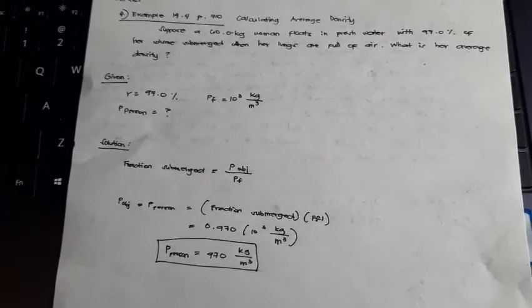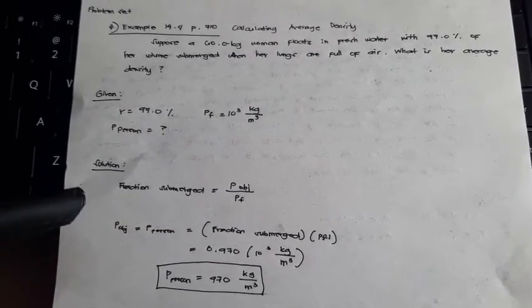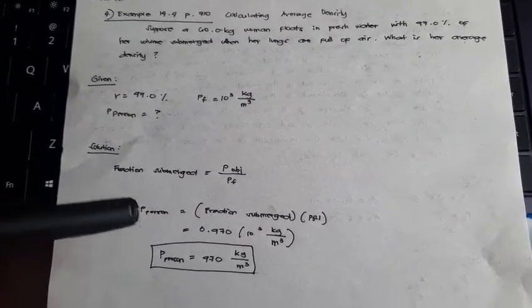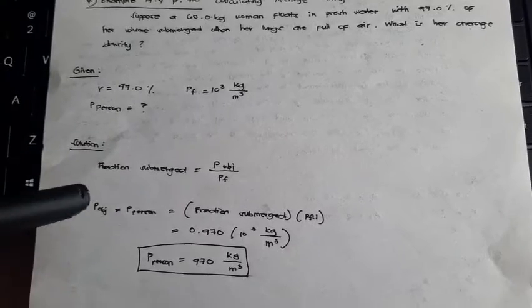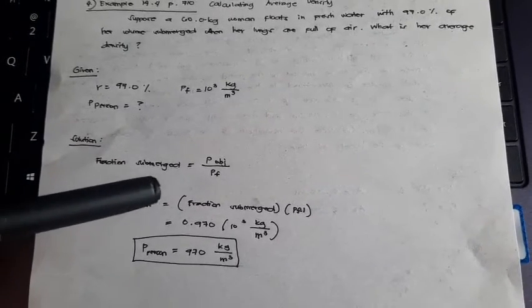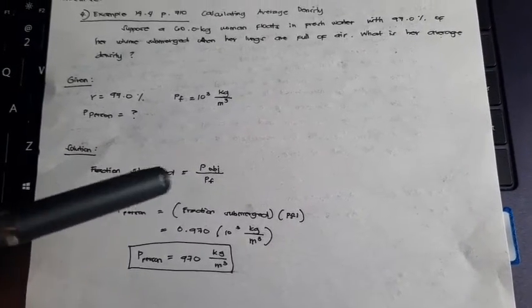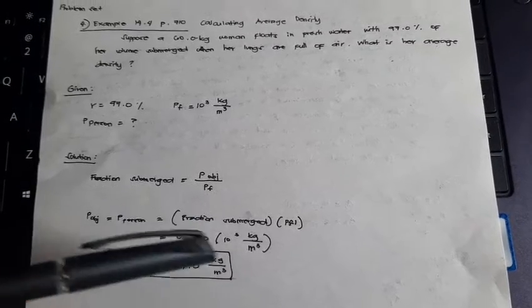So, solution. To find the average density of the woman, we must use this equation: fraction submerged is equal to the density of the object over the density of the water.